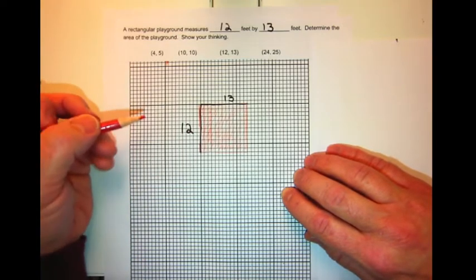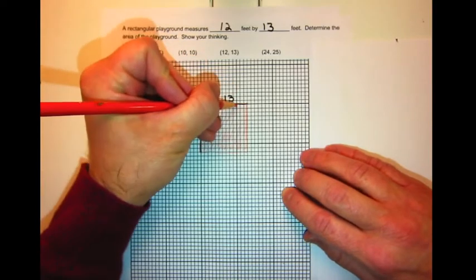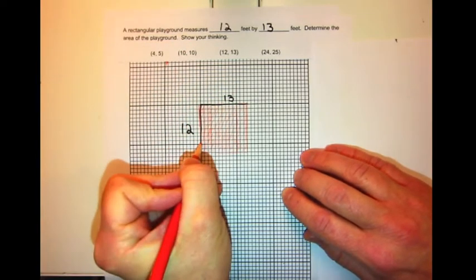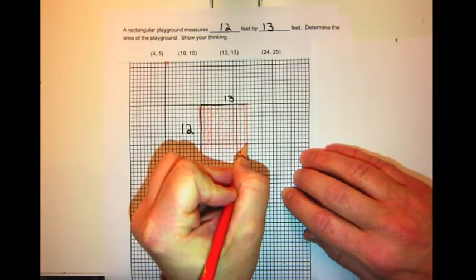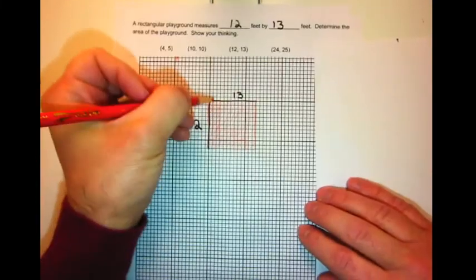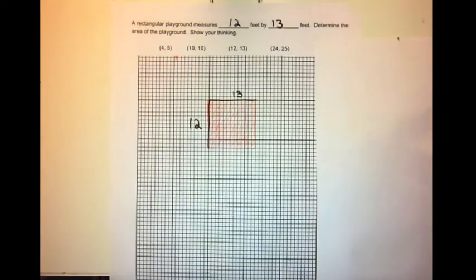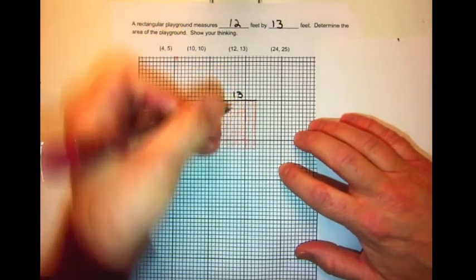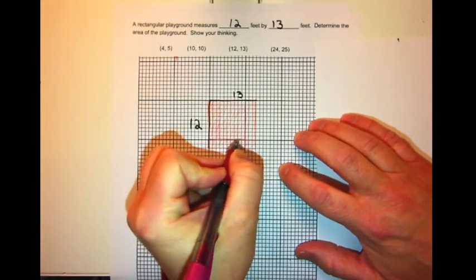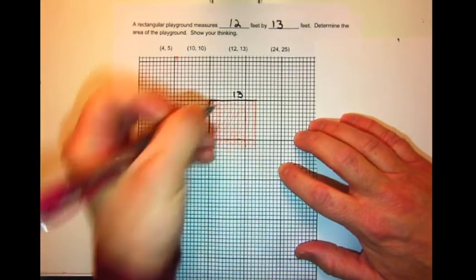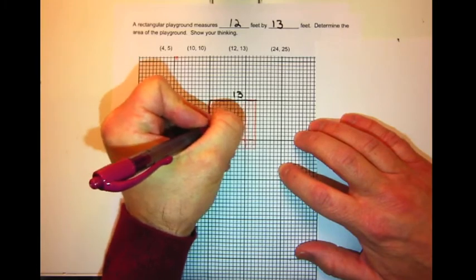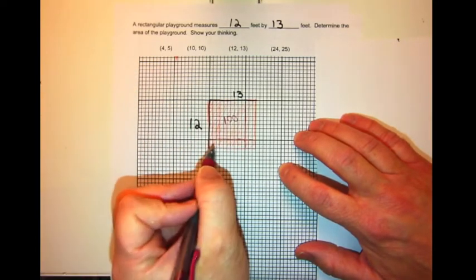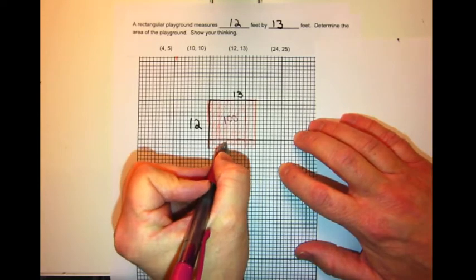So when I look at that, these darker pieces here help me see where the breakup is of the hundreds. So in this section right here, I have 100. So there is 100 right in there. This is 10, 20 right here.